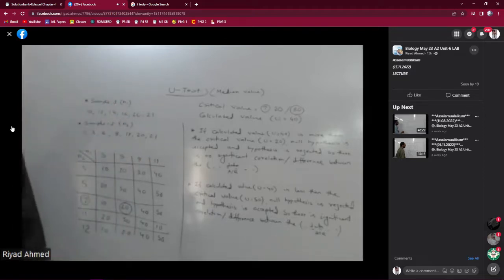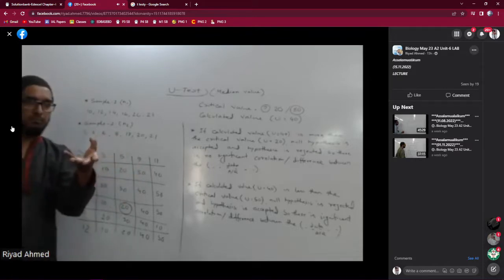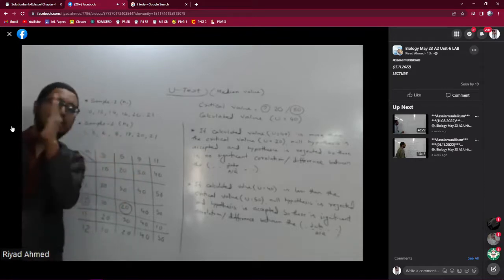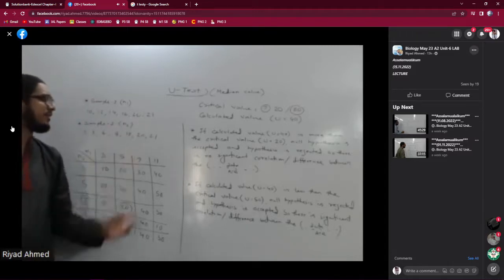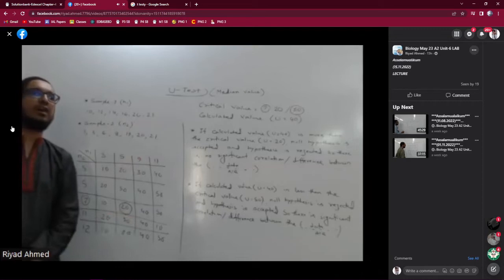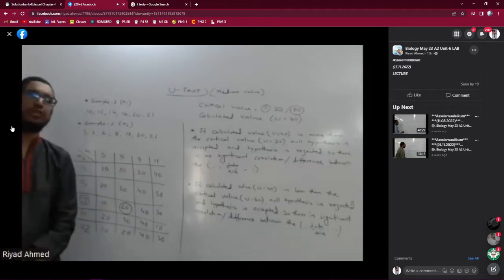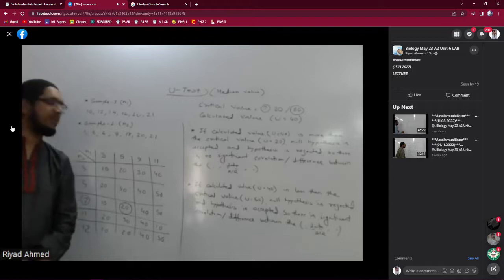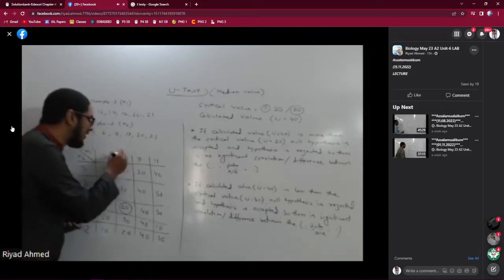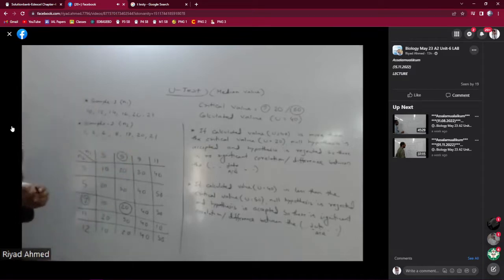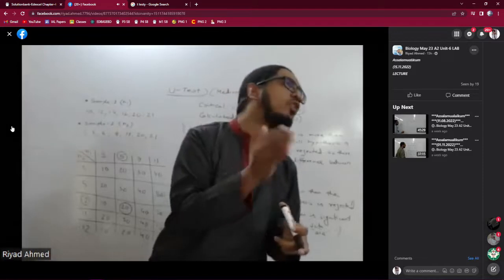No. There's no 6. This type of question can come, and you have to understand how to identify this. If the value is not exactly present in the table, then you have to identify the very close one. Which value is very close to 6 in this table? 5 or 9? 5. So you have to consider 5. So the very close value you have to consider.